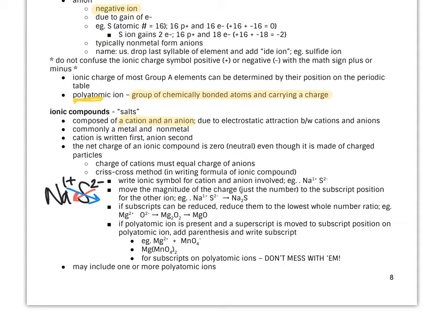No, it's just implied. So we'd take the 2 down to the Na. So we'd have Na2, and then sulfur has an implied 1, so it's Na2S. And that is the quantity of the ions.